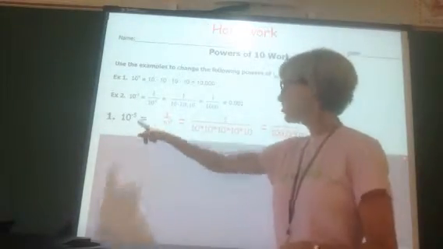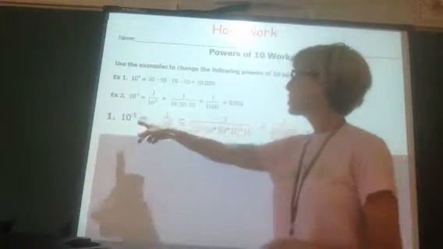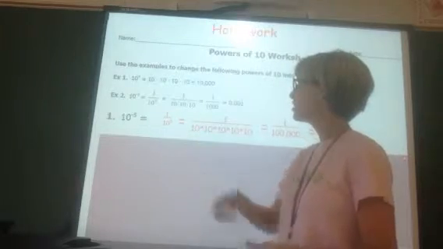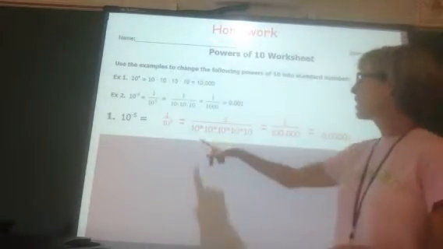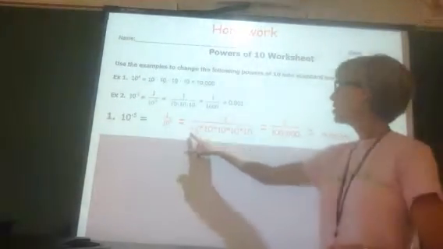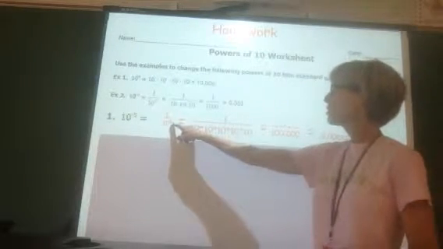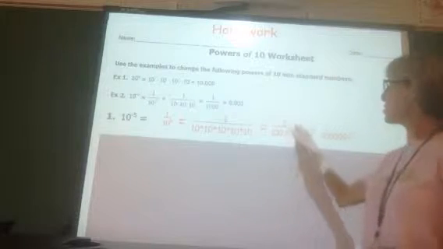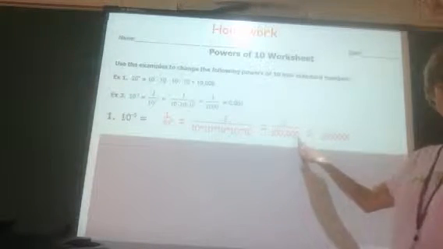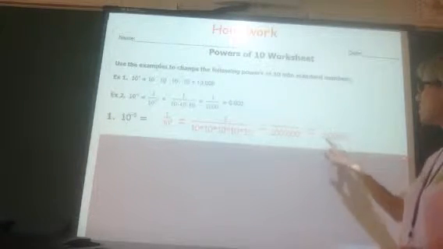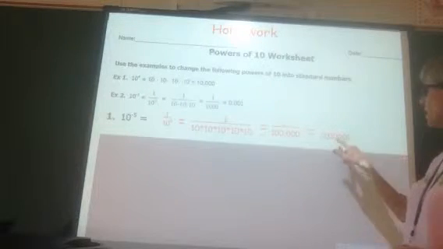So we write the reciprocal of 10 to the negative 5th as 1 over 10 to the 5th power. We write the expanded form of 10 to the 5th. Again, we know that that little 5 tells us how many zeros, so that becomes 1 over 100,000, and then that gives us our decimal equivalent here.